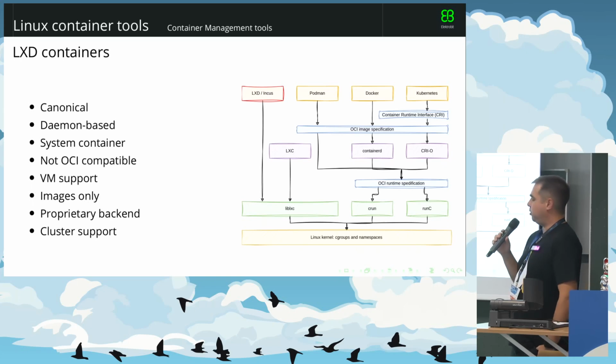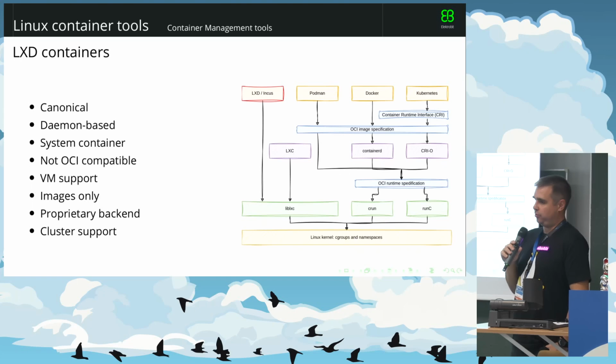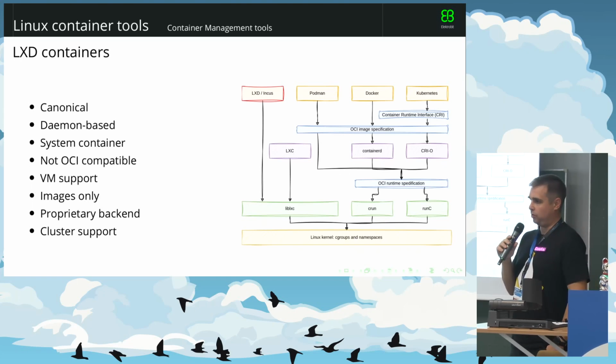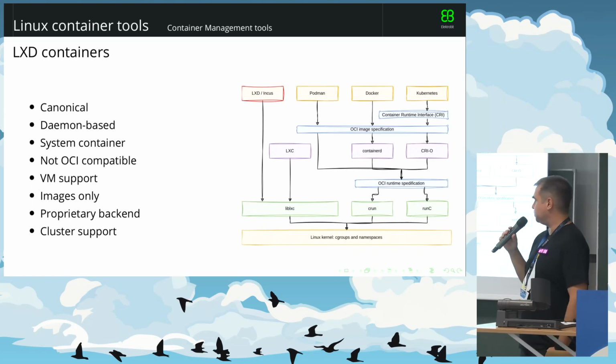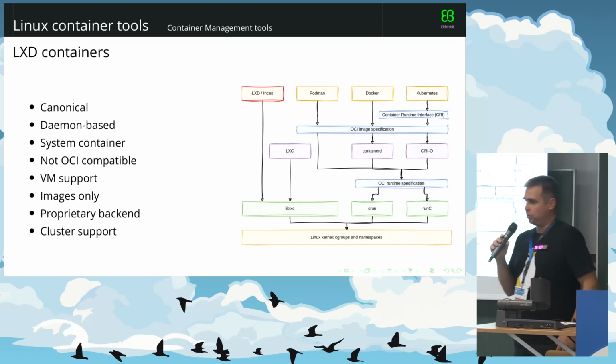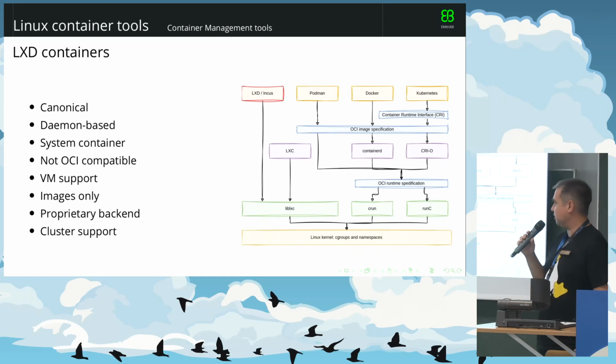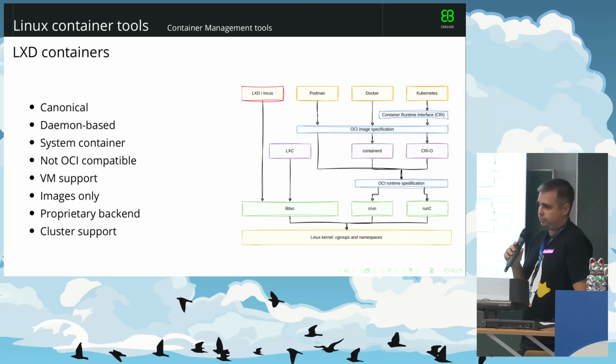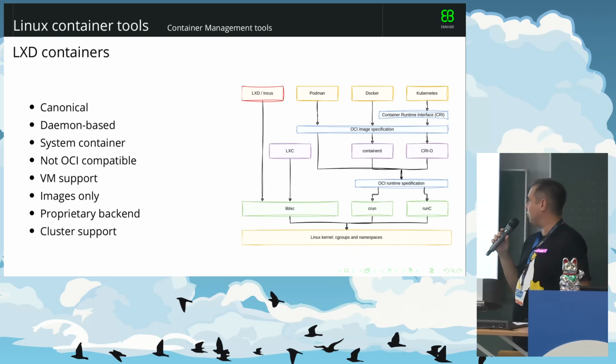But it's not OCI compliant, so you cannot use this rich ecosystem of containers you have on Docker Hub and the other OCI container registries. And one quite big drawback from my point of view, especially for professional users and embedded systems, is that the backend of LXD is proprietary. So you have to use the Canonical backend, and I think this is not acceptable for very many solutions.